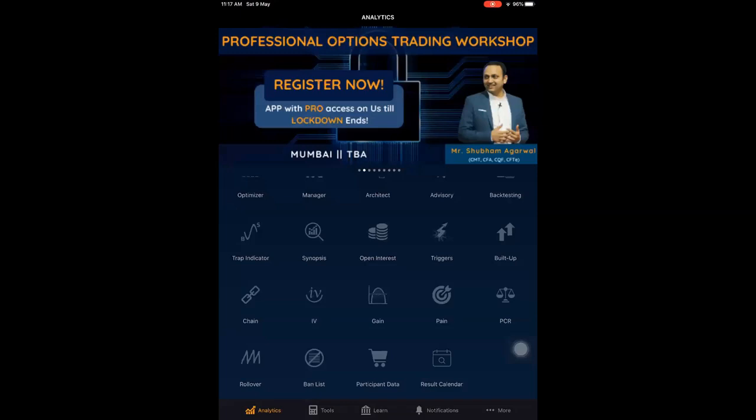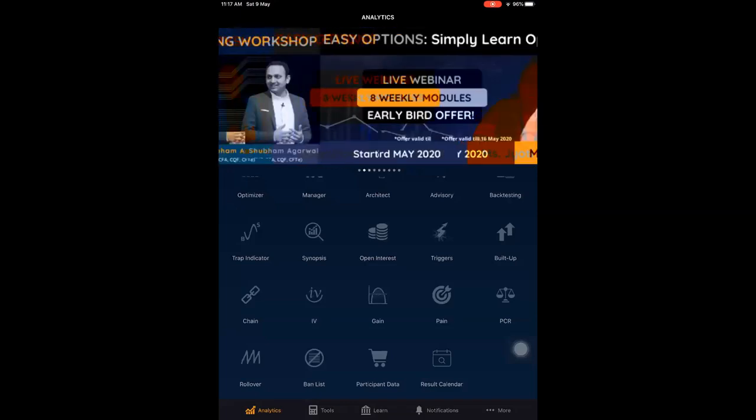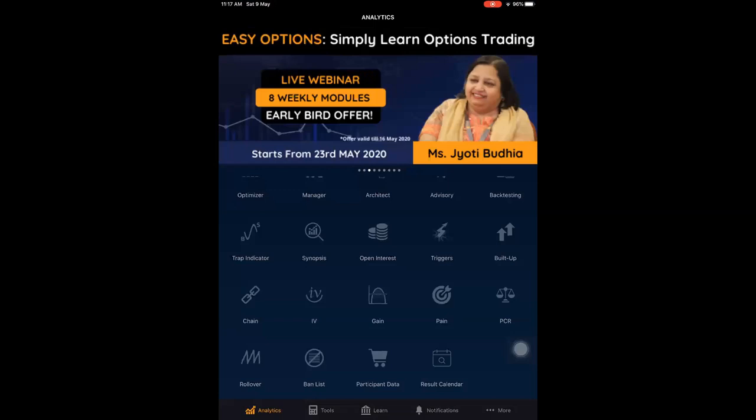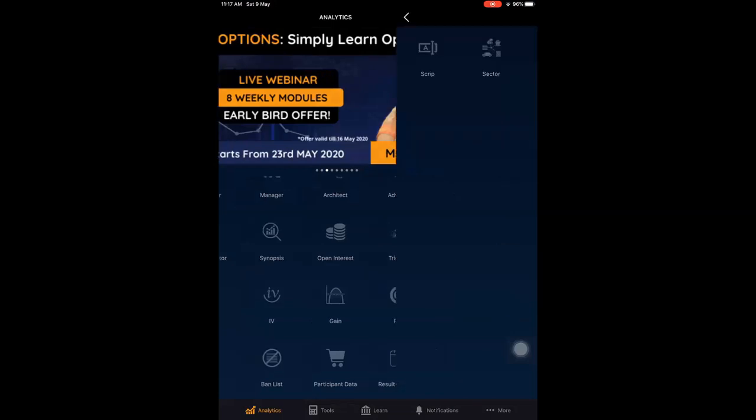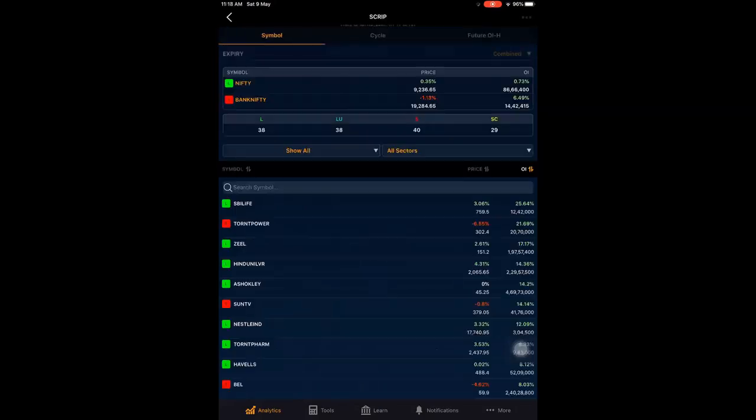So I hope everyone can see my mobile application. So now, if I go to built up, in mobile, we have given 2 main tabs. One is the script and the sector. In the script, you get the symbol, you get the cycle, and you get the future OIH.